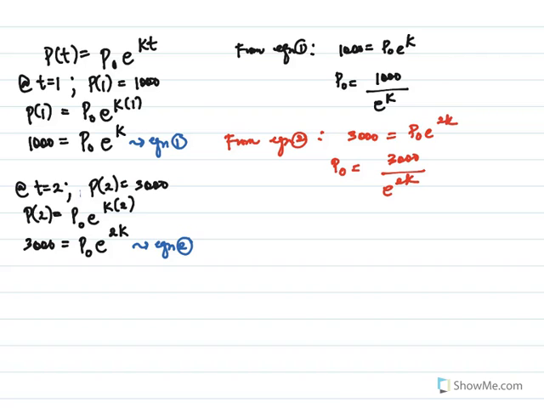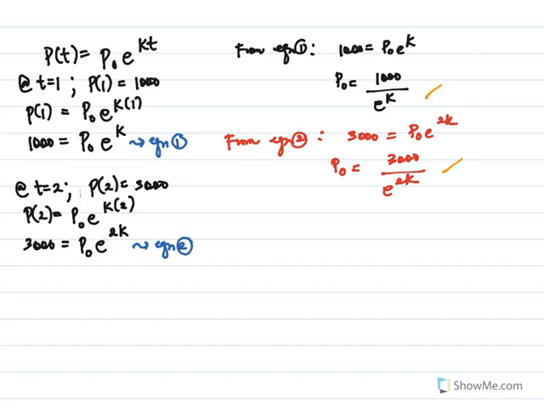So, if these two equations talk about the same P naught, well, it's the same P naught because only one problem was discussed here. So, we only have a single initial value for our population. Then, the two right-hand sides are also the same.